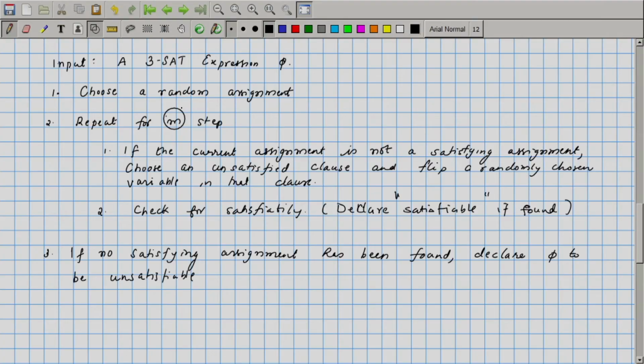Let us first analyze how good or how bad this algorithm is. How many times will we have to repeat this algorithm in order to get a satisfying assignment? One feature of this algorithm is that if the 3-SAT expression was unsatisfiable, this algorithm will always give the correct answer.